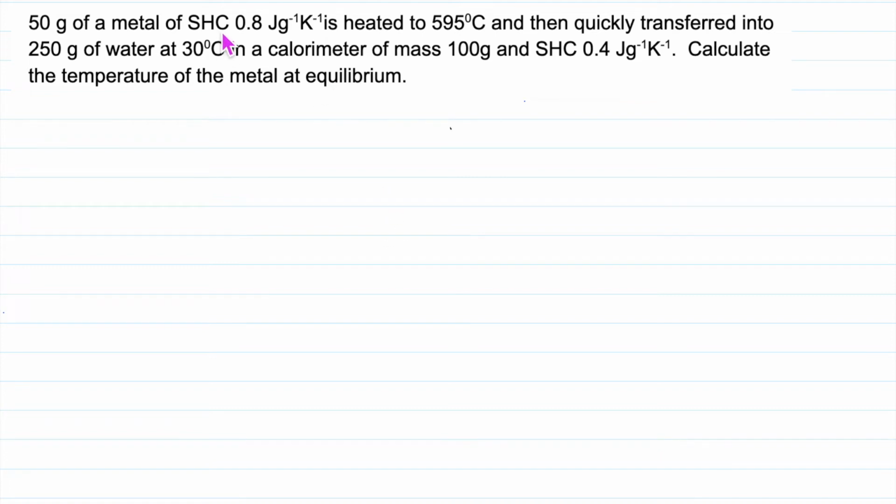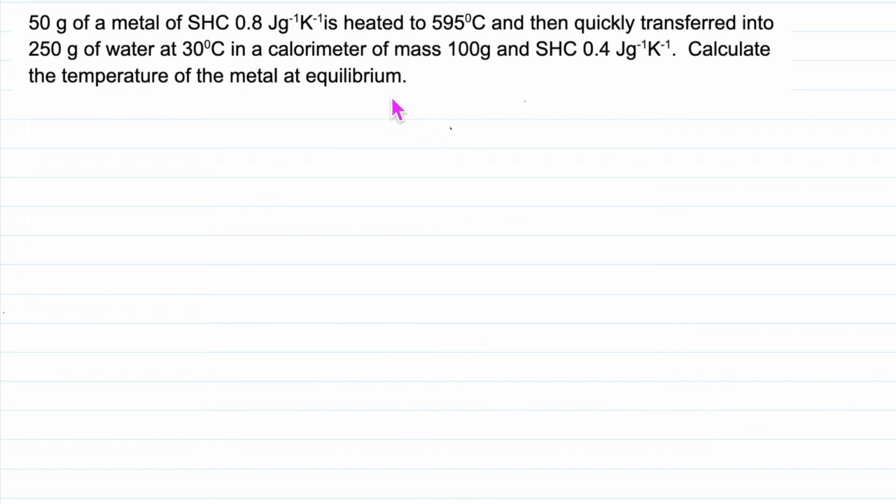This is one of the favorite doubts of calorimetry for class 10 ICSE. This is the question that talks about 50 grams of metal of SHC 0.8 joule per gram per Kelvin is heated to 595 degrees Celsius and quickly transferred into 250 grams of water at 30 degrees C in a calorimeter of mass 100 gram and SHC 0.4 joule per gram per Kelvin, and calculate the temperature of the metal at equilibrium.